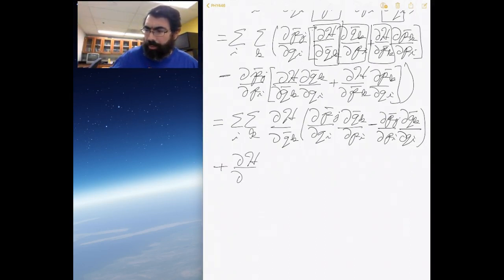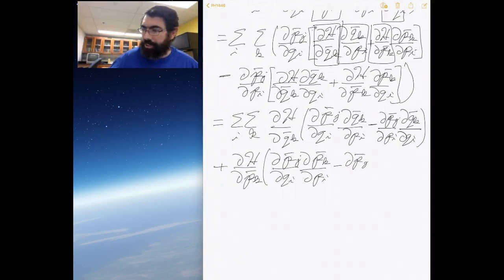The derivative of the Hamiltonian with respect to the momentum bar is going to be dp bar j/dqi times dp bar k/dpi, minus dp bar j/dpi times dp bar k/dqi. All of that is summed.